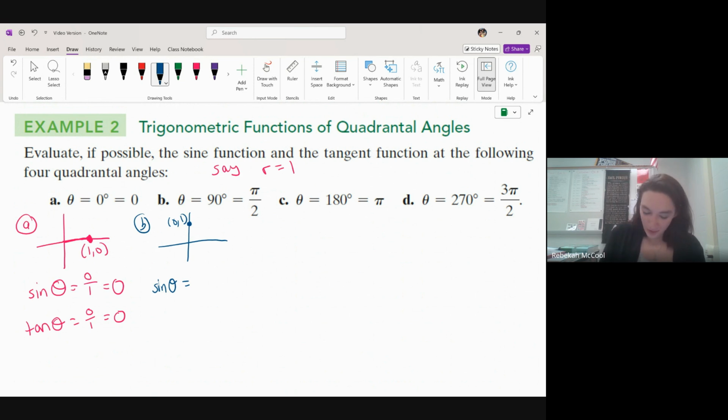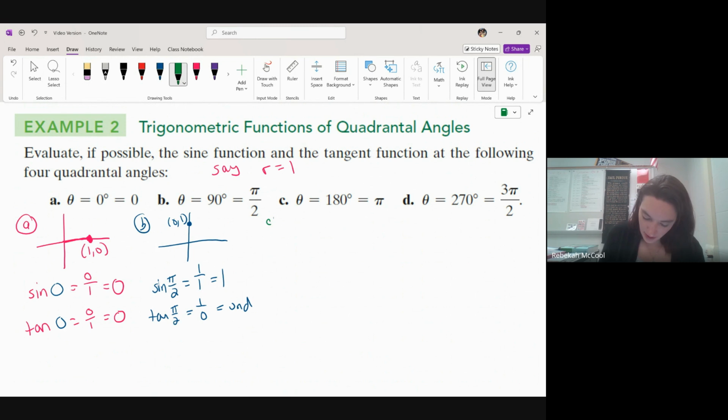My y value is 1, and I said my radius was 1. So my sine of theta, let's name these thetas, right? That one's 0. This is pi over 2. So sine of pi over 2 then would be 1. Tangent of pi over 2 is y over x, sine over cosine. So we get 1 over 0, which would be undefined.